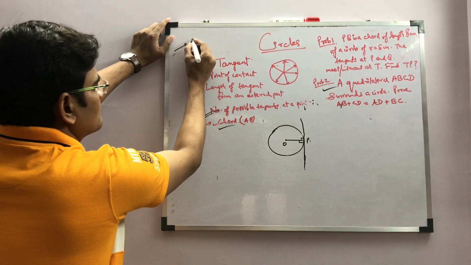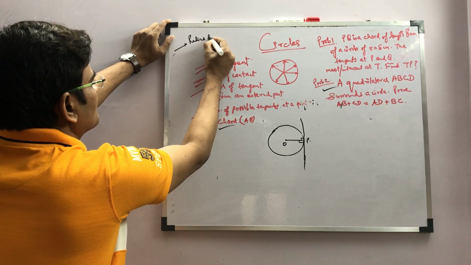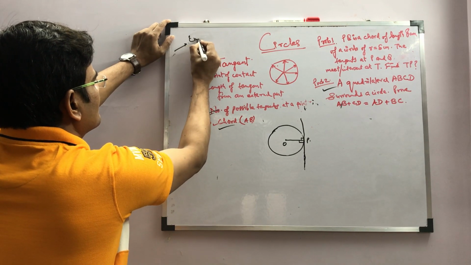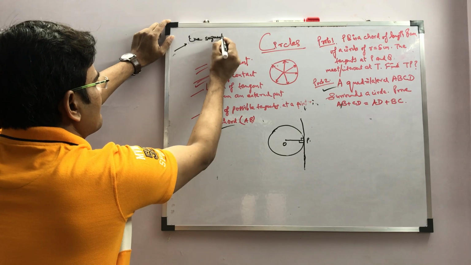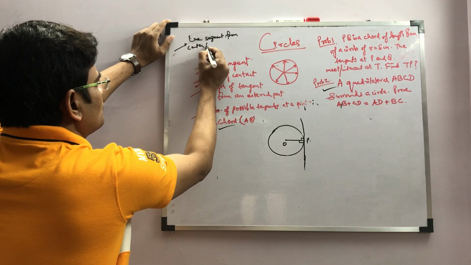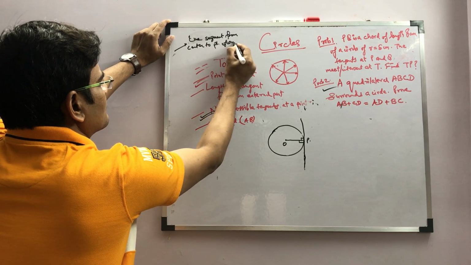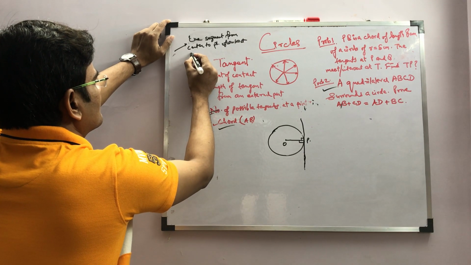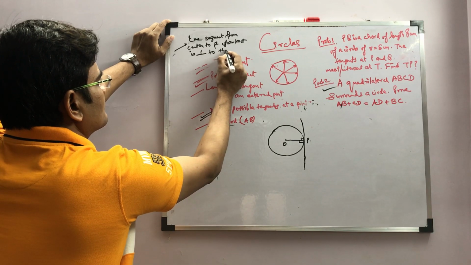Another thing, radius drawn or line segment from center to point of contact is perpendicular to the tangent.